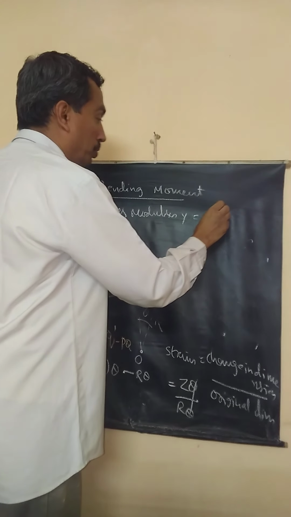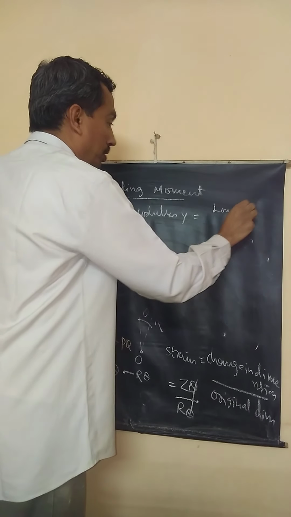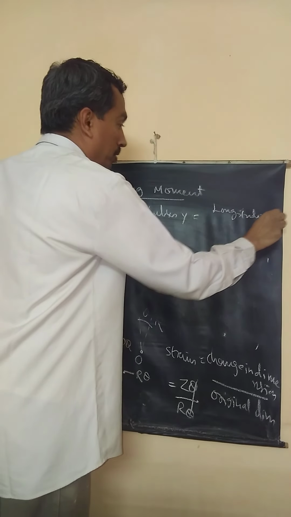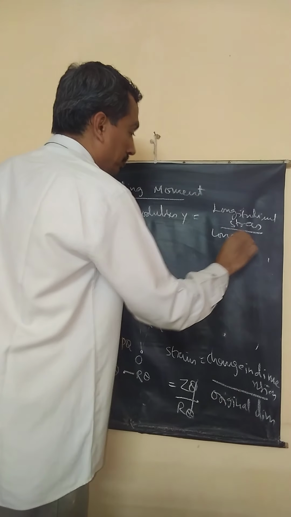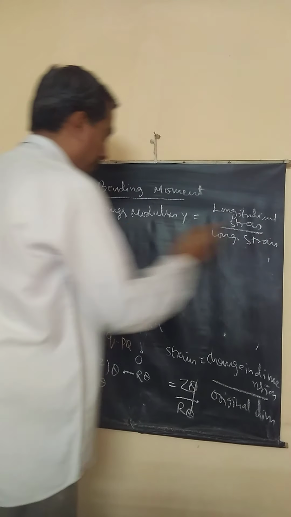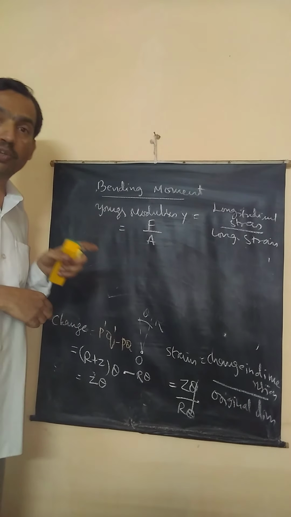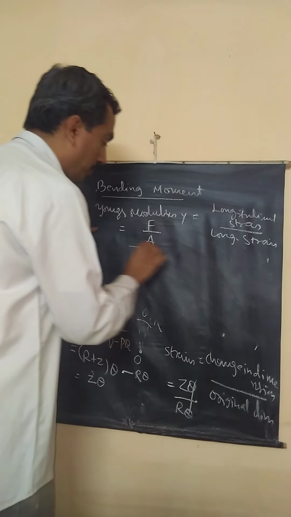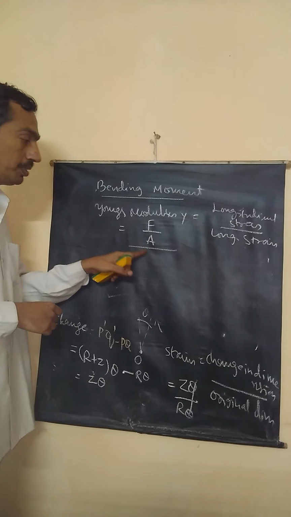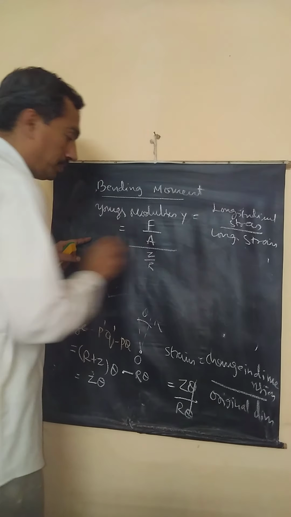Y is equal to longitudinal stress by longitudinal strain. Correct? Now stress is force by A. A is area of cross section of the element beam. Next, strain is Z by R. Correct?